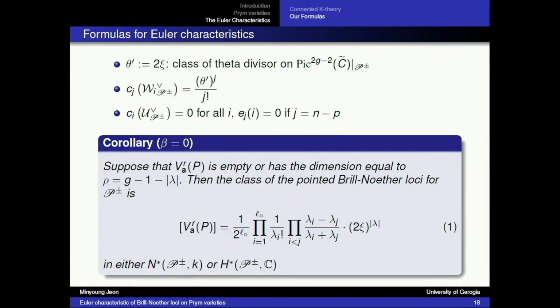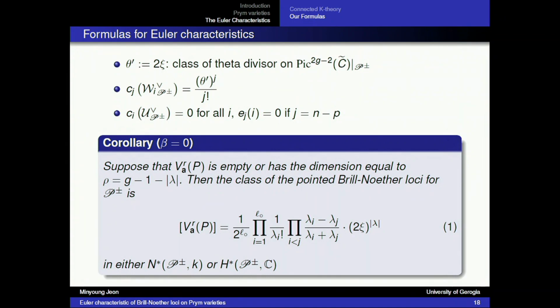And we can further specialize these Chern classes of the maximal isotropic subbundle and the isotropic flag as theta divisor to the j over j factorial. So here, theta divisor is just the zero set of Riemann zeta functions.